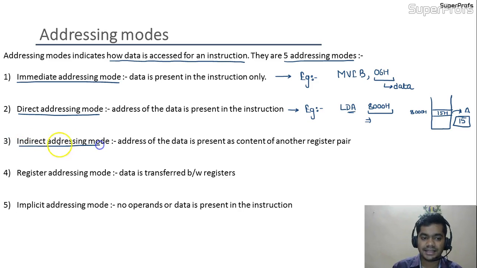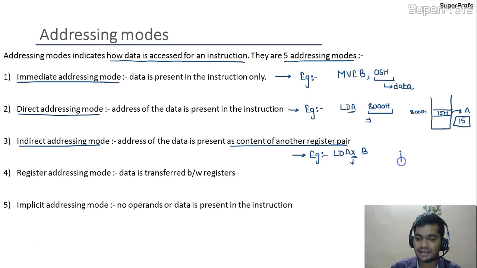Third is indirect addressing mode. In this mode the address of the data is present as the content of another register pair. For example, we take the instruction LDAX B. Here X represents indirect. This is the symbol for indirect addressing mode.